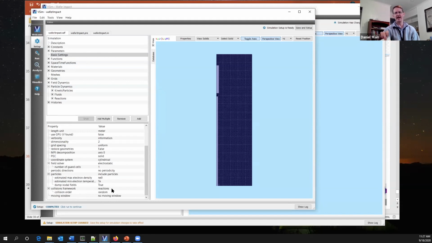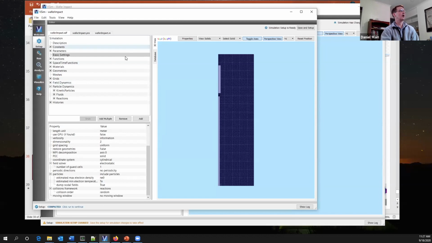The reactions framework came out in VSim-9, and so ever since I've been at TechX, the reactions framework has been there. It still uses the direct simulation Monte Carlo approach, but it was sort of a separate branch off of what was originally there. Anyway, I always just do reactions for historical reasons.